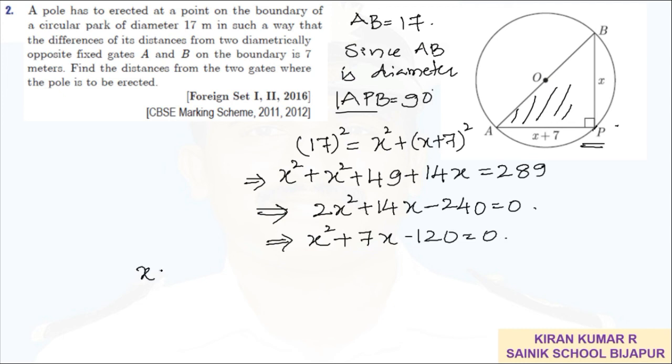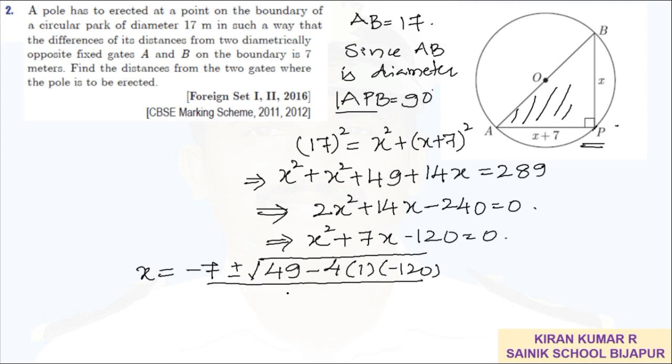Now I need to find the value of x. To find the value of x, I would like to consider quadratic formula minus b plus or minus root of b square, which is 49, minus 4ac is 4 times 1 into minus 120, divided by 2a, which is 2 times 1.